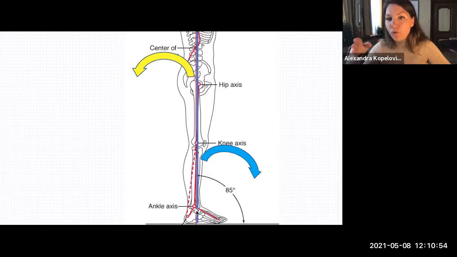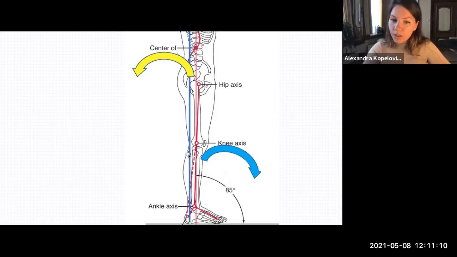If it lands too far away from the joint, it will require excessive muscular activity. Same thing with the ground reaction force during gait. If it lands anterior to the joint axis, it will pull the proximal bone anterior. If it lands posterior to the joint axis, it will pull the proximal bone posterior.